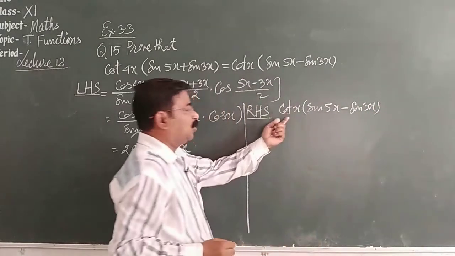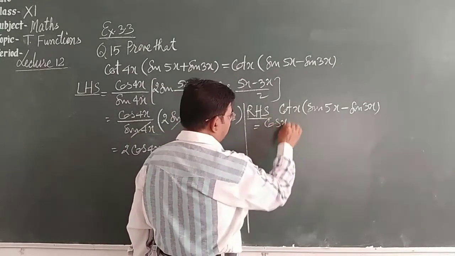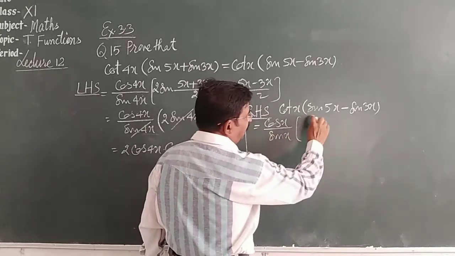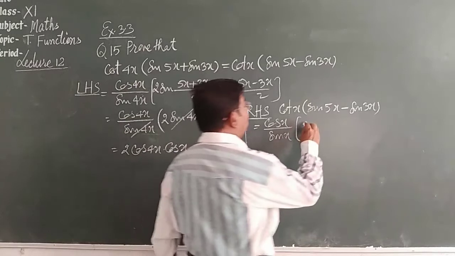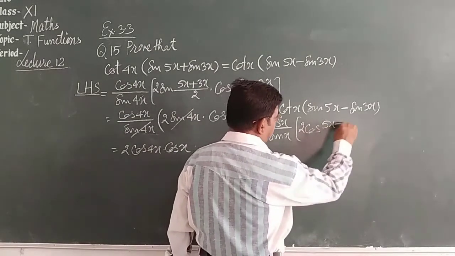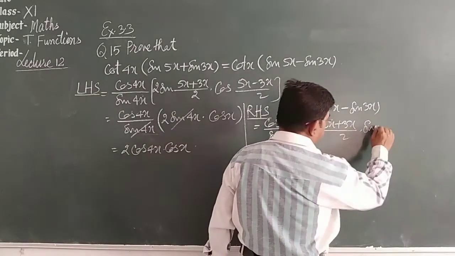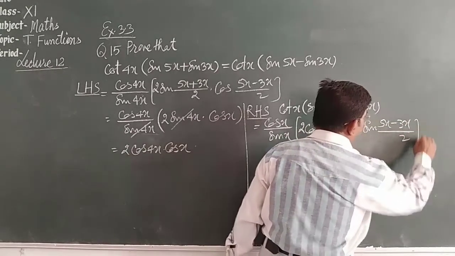So cot can be broken into cos upon sin. So this is cos x upon sin x, and here we can apply the formula sin A minus sin B, and you know the formula, 2 cos (5x plus 3x)/2 sin (5x minus 3x)/2.